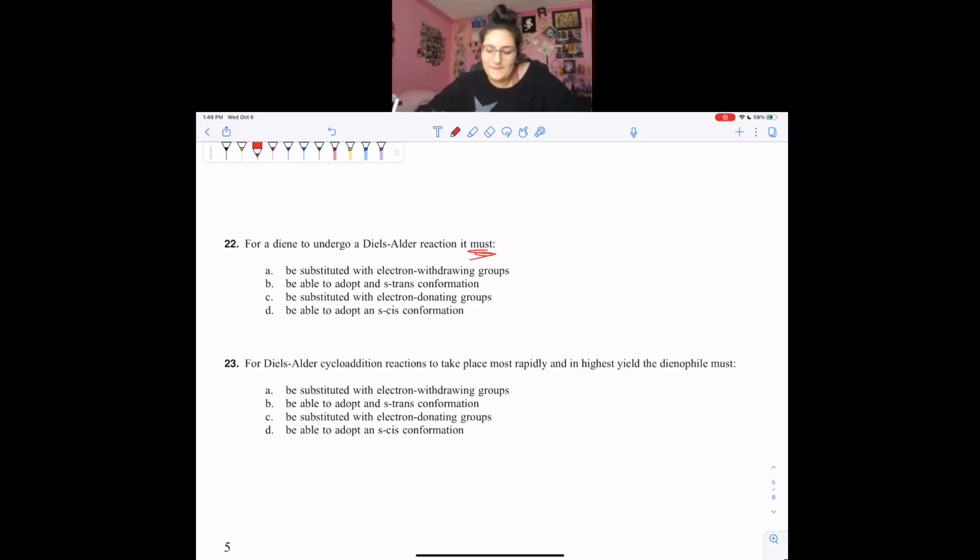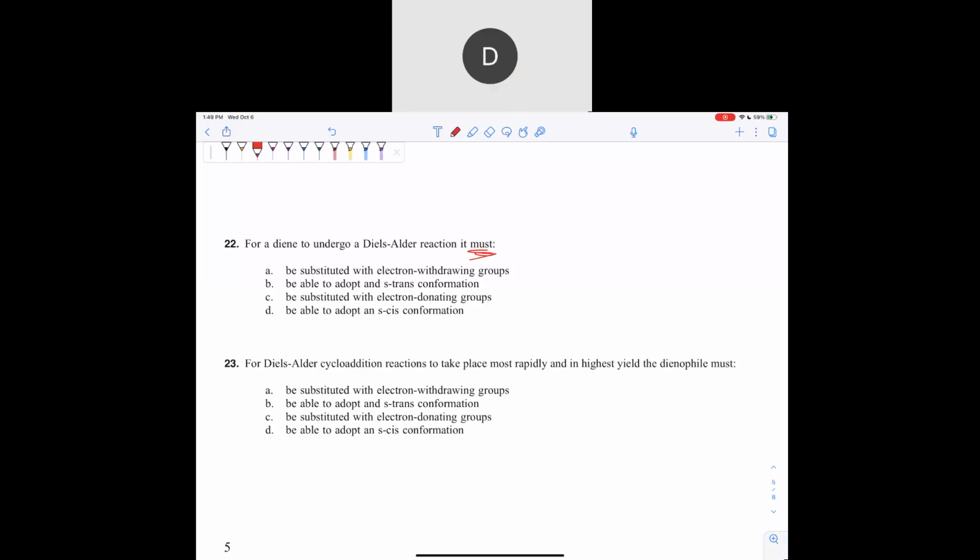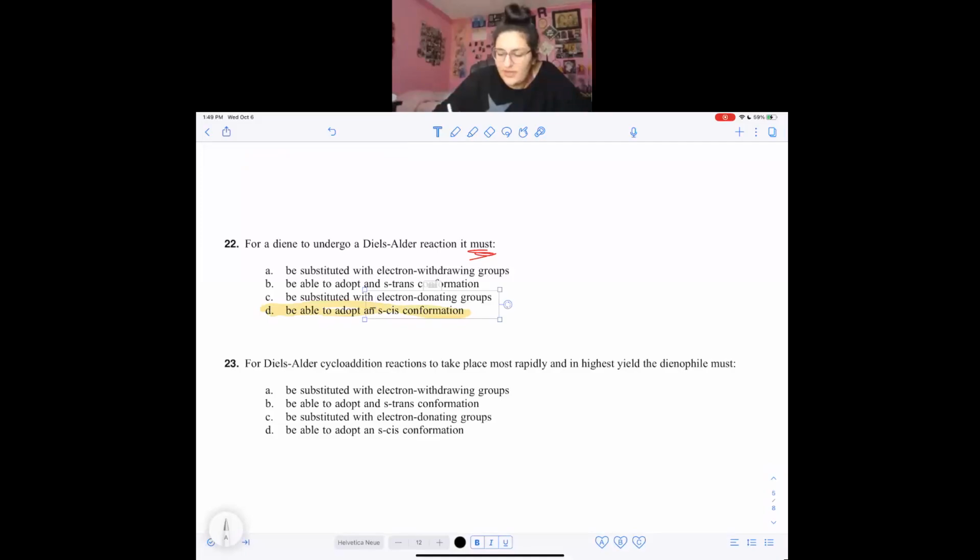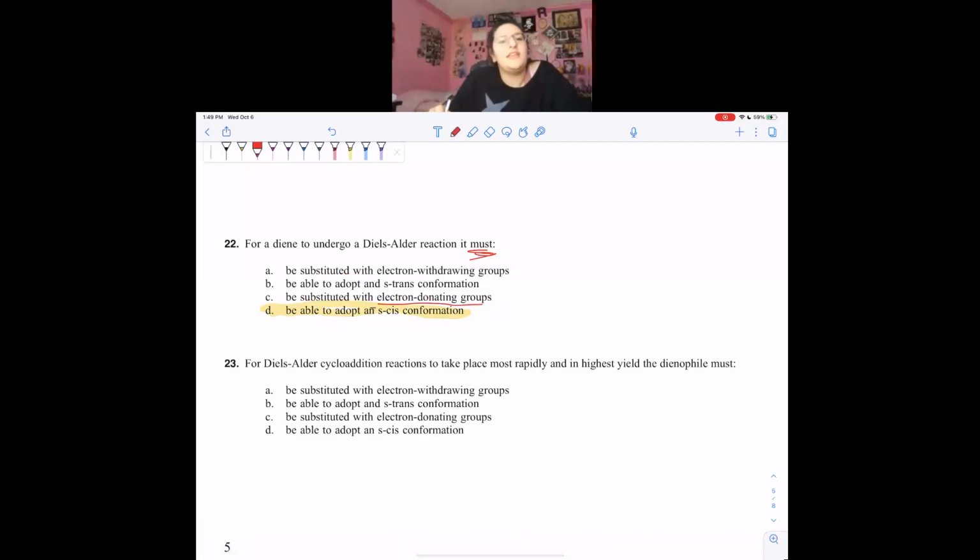I'm hearing D. Yes, D. What people sometimes struggle with is they think, well, it could have an electron donating group. Yes, they do like electron donating groups, but those are not required for the reaction to happen. So we cross those out, and then we don't want S-trans. We want S-cis.